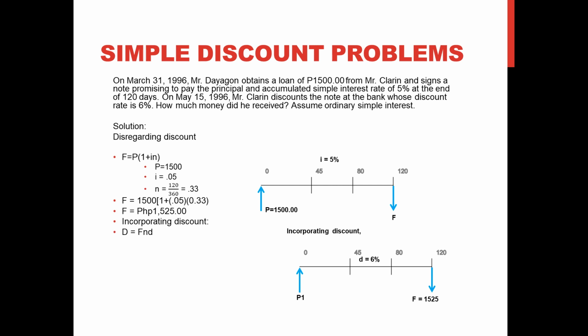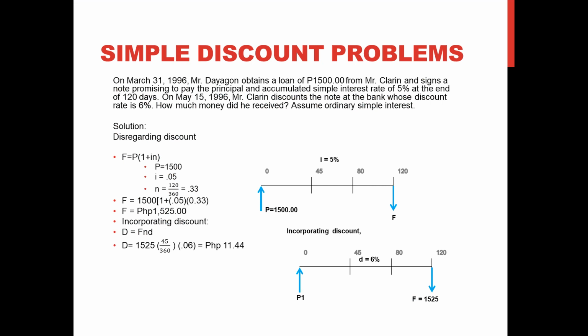So from that, we can compute the discount is equal to F and D. Then the future worth is 1,525. Set na natin yan kasi yung na-compute na future. And then after 45 days, we have 45 over 360 times 0.06.